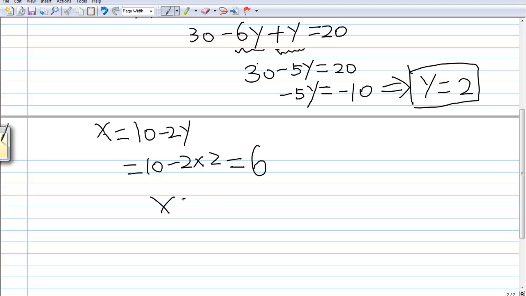So x equals 6. Here we go. So we solved this system of two equations by using substitution.